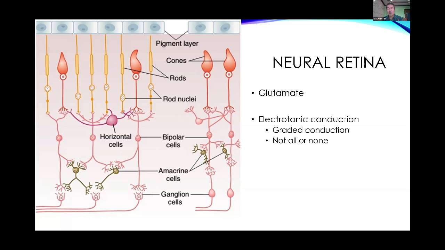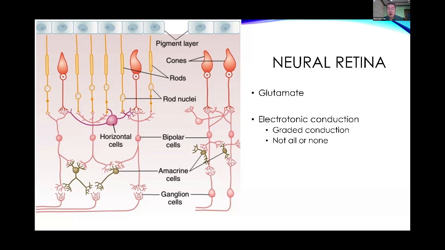When I say electrotonic conduction, it is different from action potential. When I say action potential, it is all or none. Whether the stimulus is very strong, whether the stimulus is less strong, whether the stimulus is very weak, as long as it is a threshold stimulus, you will reach the critical firing level, there's action potential.